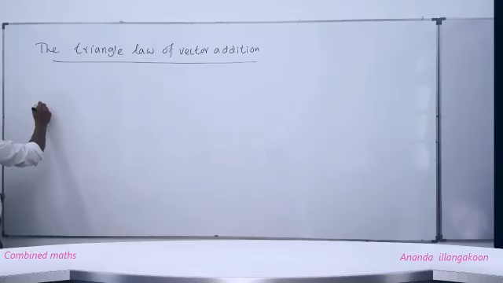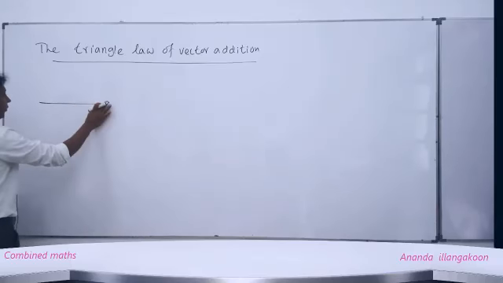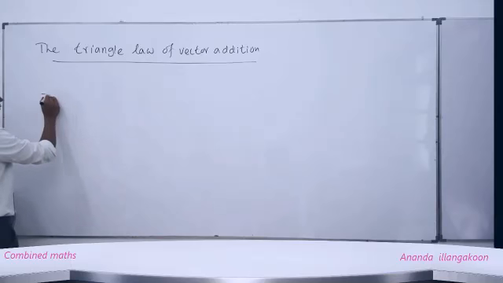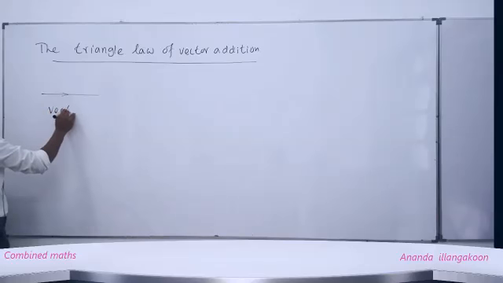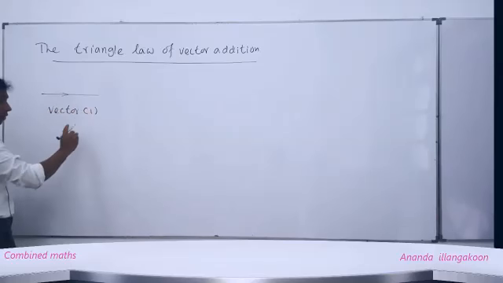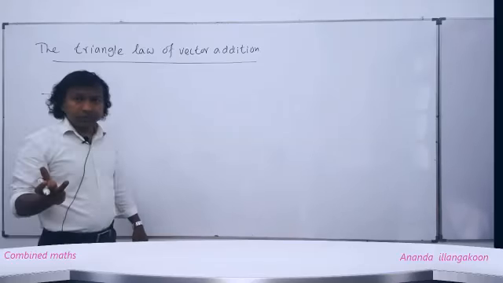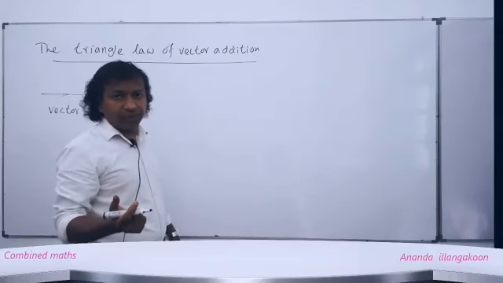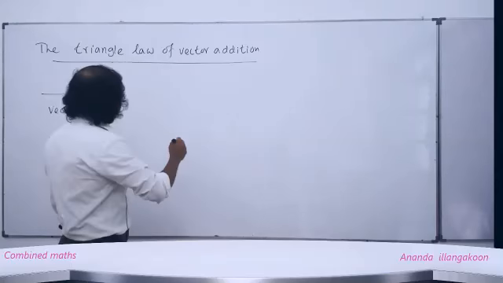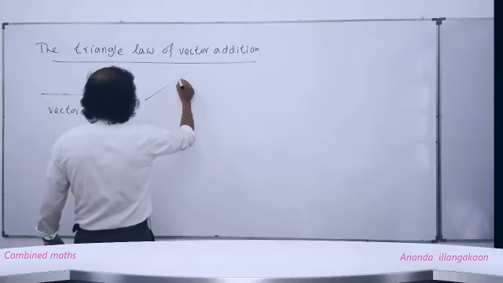Suppose we have a vector like this, vector 1. This vector can be a force, velocity, acceleration, or anything. And this is the next vector, vector 2.